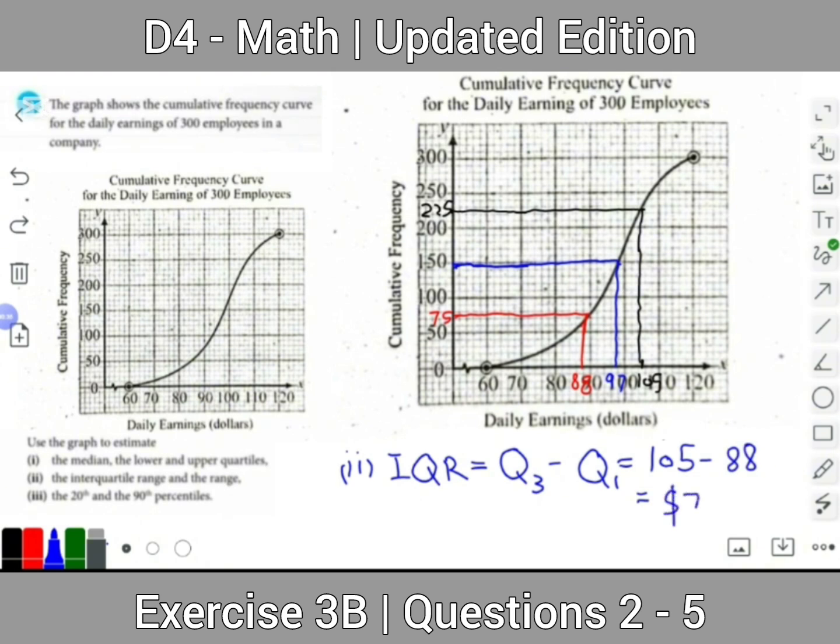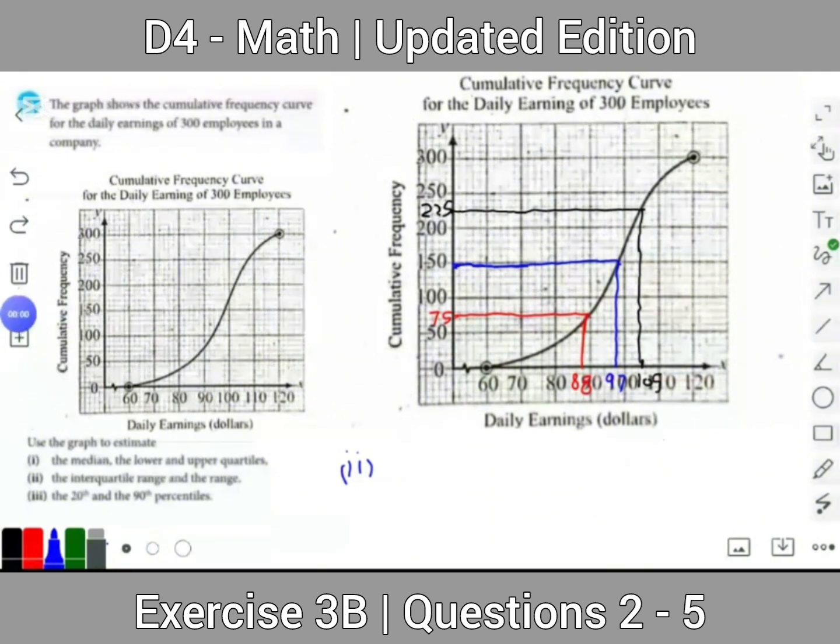So the interquartile range is equal to $17. Now to find the range, we will subtract the smallest estimated value from the largest estimated value.